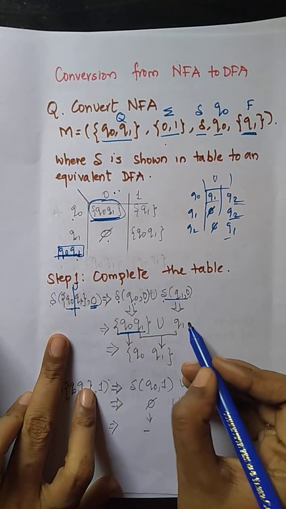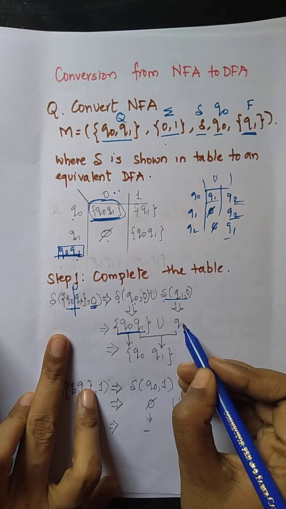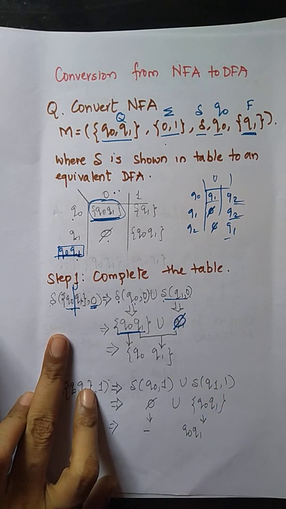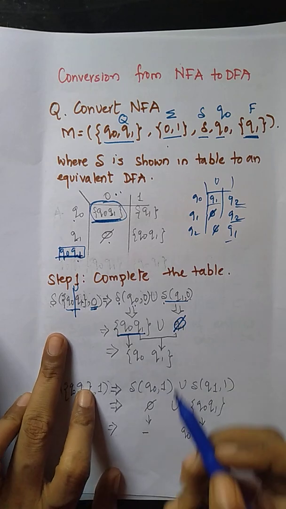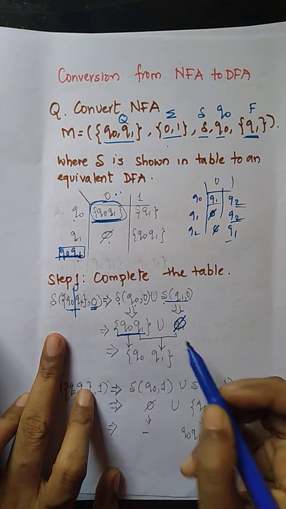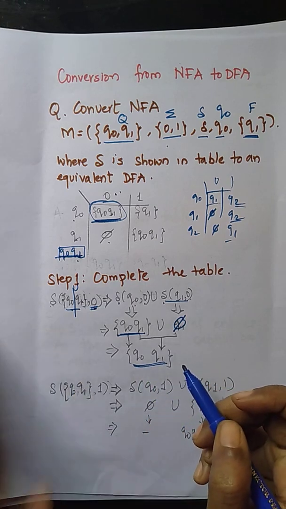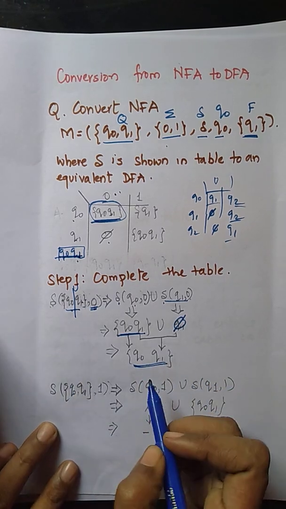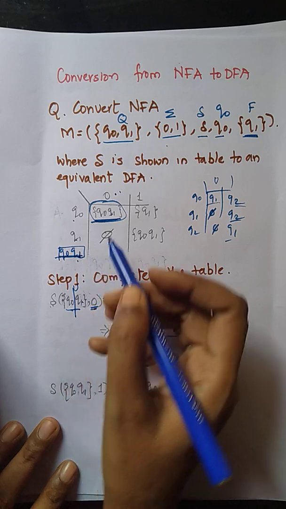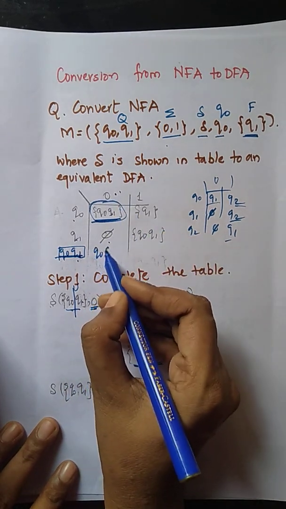Q1 on 0 goes to null. So what will be the output? Q0 and Q1 with null will make only Q0 and Q1. That is how we have calculated {Q0, Q1} on 0, where it is going to {Q0, Q1}.